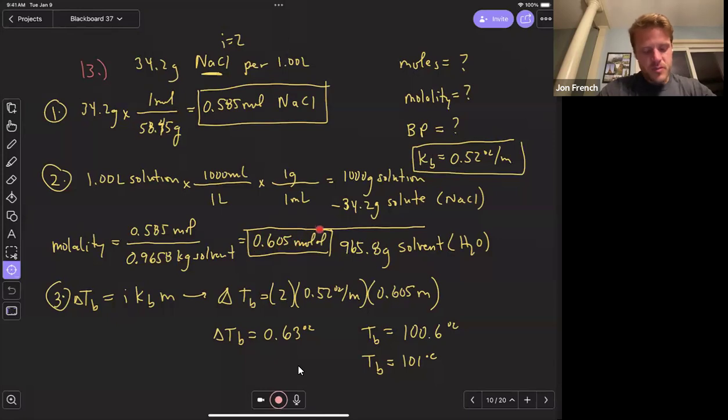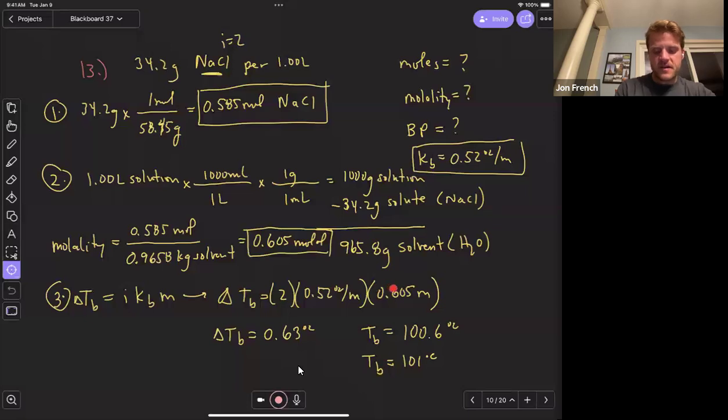Now I can find the change in boiling point. Change in boiling point equals my van 't Hoff factor times my boiling point constant times my molality. Van 't Hoff factor for sodium chloride is 2. It ionizes and gives me 2 things. Times 0.52 degrees Celsius per molal. That's my boiling point constant for water. Again, that's a constant for any aqueous solution.